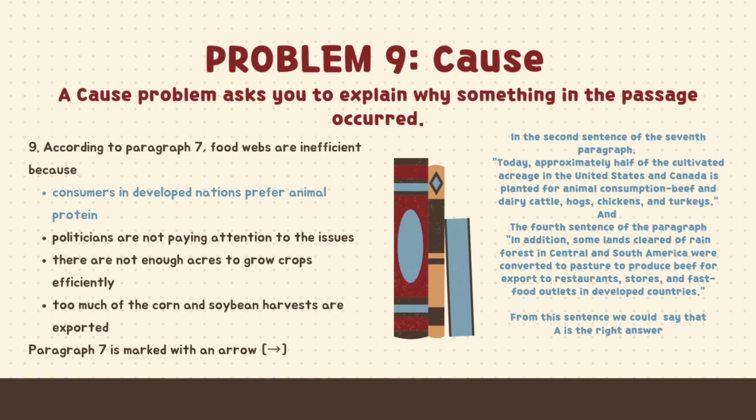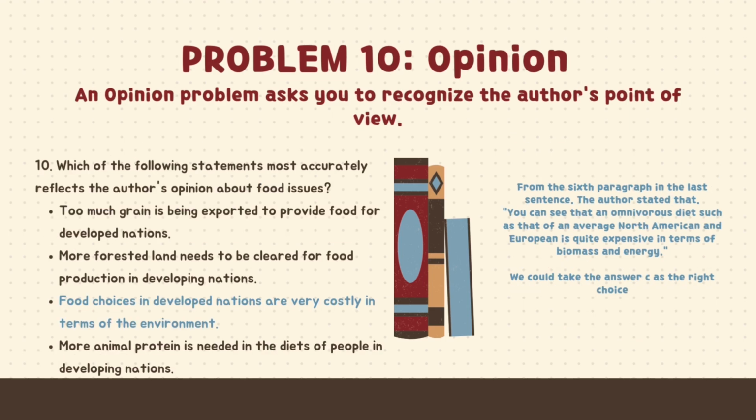And the fourth sentence of the paragraph, in addition, some lands cleared of rainforests in Central and South America were converted to pasture to produce beef for export to restaurants, stores, and fast food outlets in developed nations. From this sentence, we could say that A is the right answer.